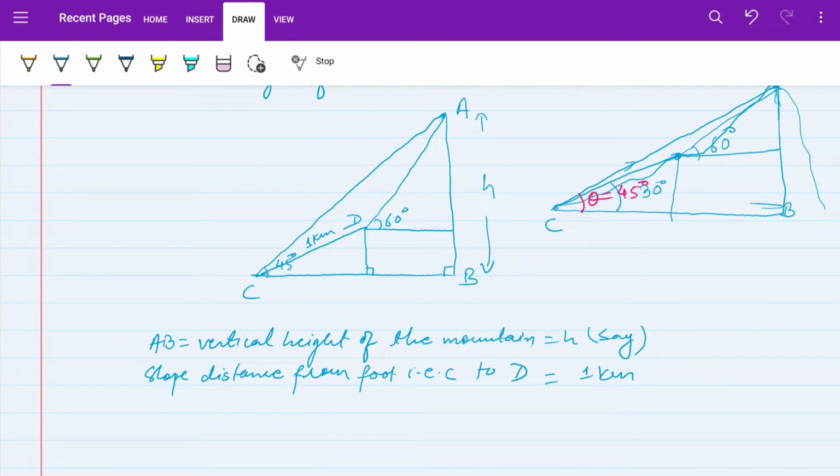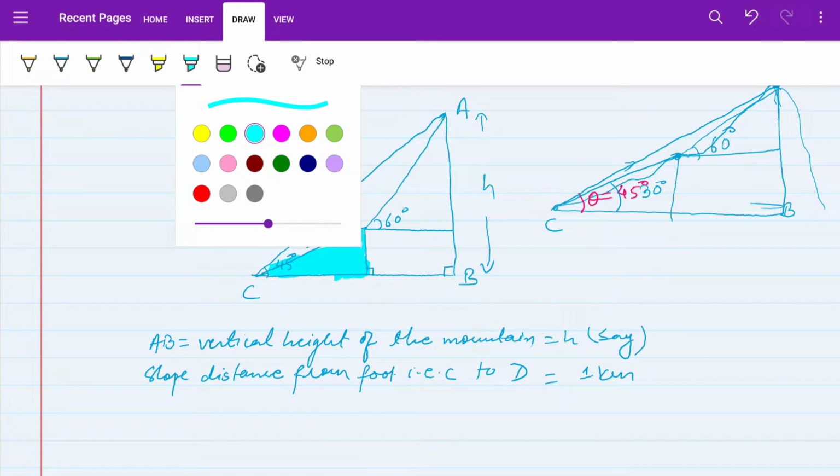Now how to determine it? That is the problem here. So let's play with this diagram. We are observing some right angle triangles here. So this is one right angle triangle here, this triangle is a right angle triangle, this one is a right angle triangle, and I can see another right angle triangle as well.